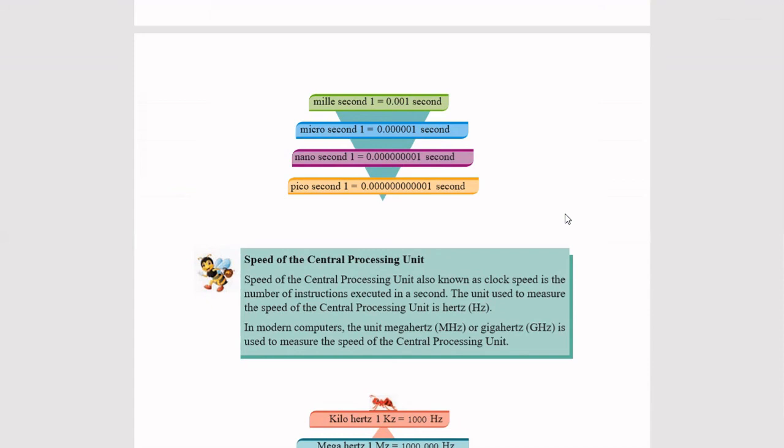Nanoseconds means 10 to the power 9 nanoseconds equal to 1 second. Understood? And picosecond means 10 to the power 12 picoseconds is equal to 1 second, right? So you may have understood the relationship now, right?